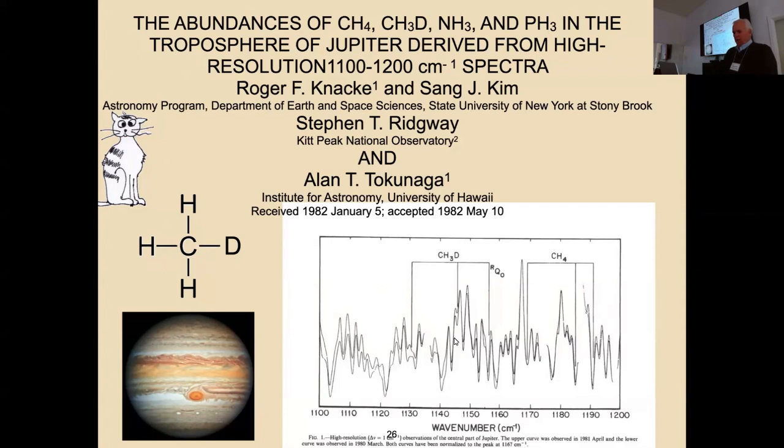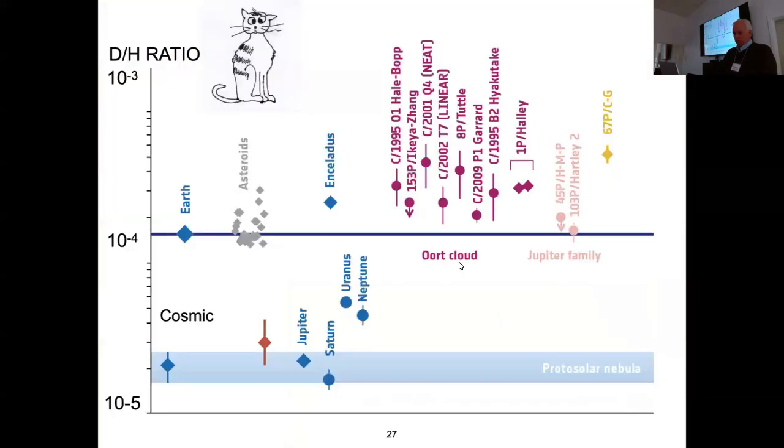You're not going to get all these squiggly lines, but we actually interpreted those. And some of it was deuterated methane, and we were able to measure the abundance. We found an abundance of deuterium in Jupiter, and for about 1.5 years, that was the best measurement of deuterium in the universe. And somebody else measured it better.